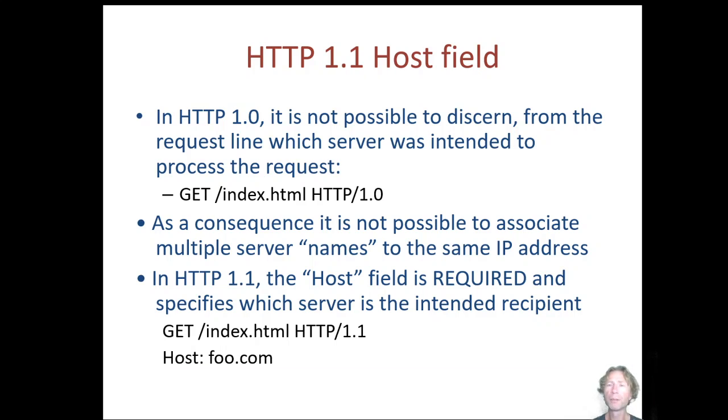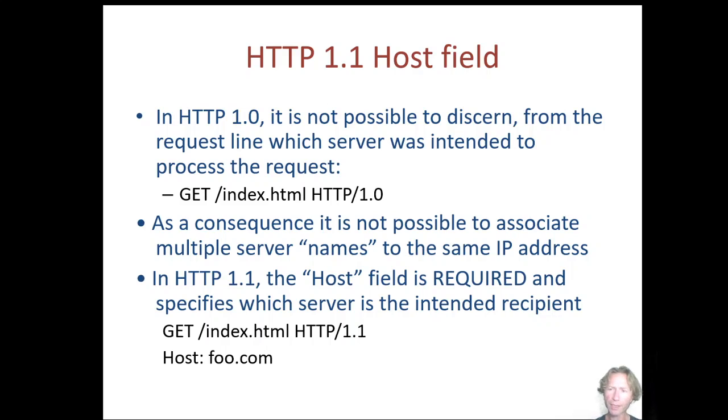Now, in HTTP 1.0, it is not possible from just looking at the request line which server is supposed to process the request. So you do something like GET /index.html HTTP/1.0. And therefore, it becomes impossible to have multiple web servers running on the same IP address.